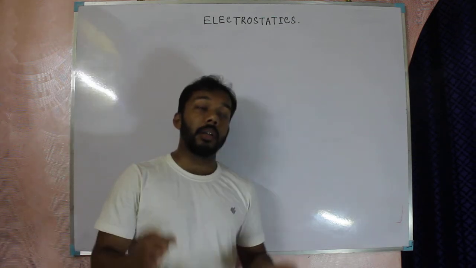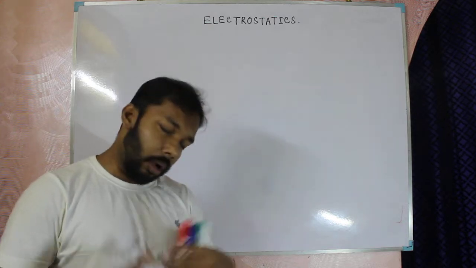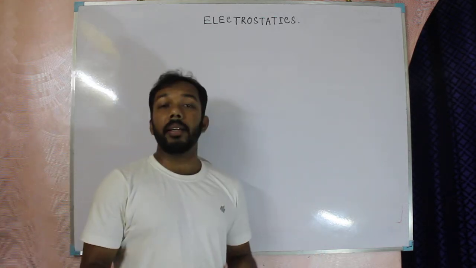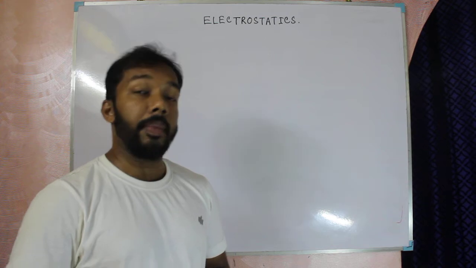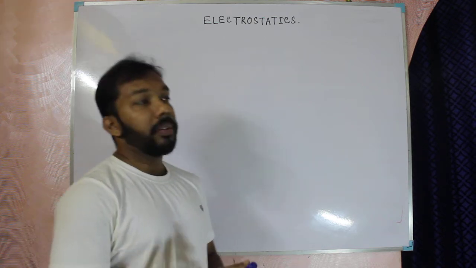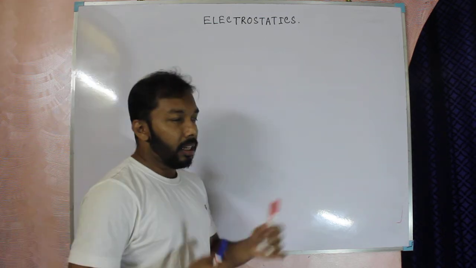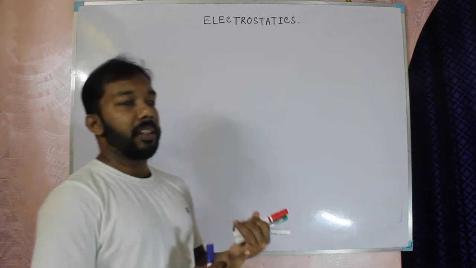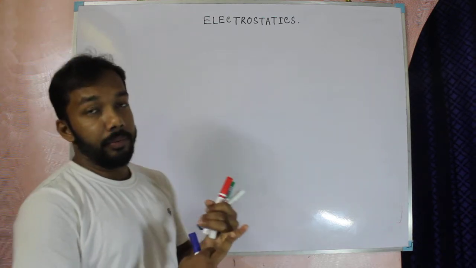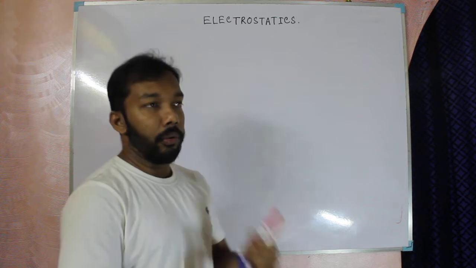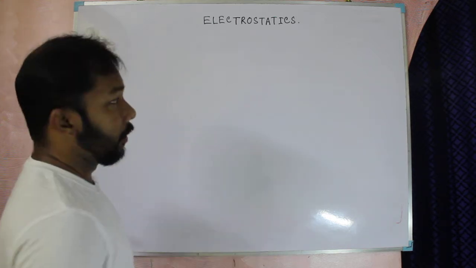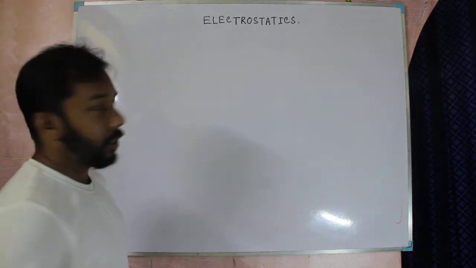It is more like the gravitational force or magnetostatic force. All of these forces have some common features. I am just giving you a glimpse of that common things between the gravitational force, electrostatic force and the magnetostatic force. All these forces are the general properties of such non-contact forces.